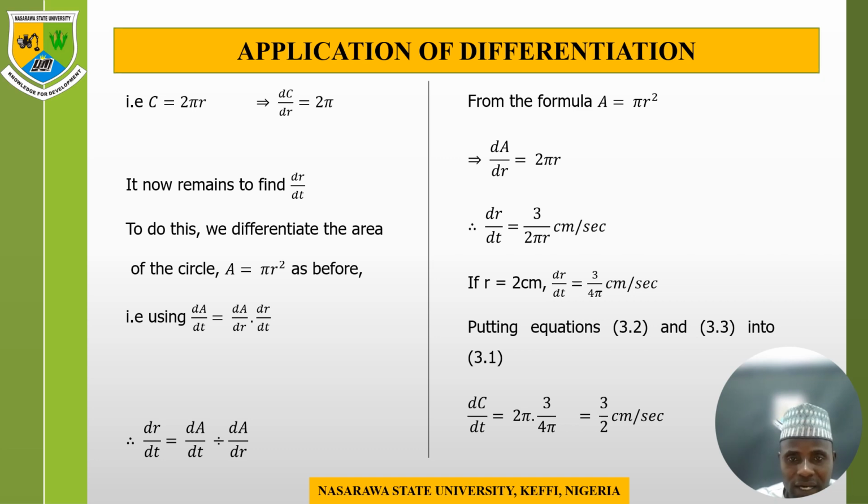So if r is equal to 2 centimeter, then dr/dt now equals 3 all over 4π centimeter per second. So putting equations 3.2 and 3.1 into equation 3.1, we have this.